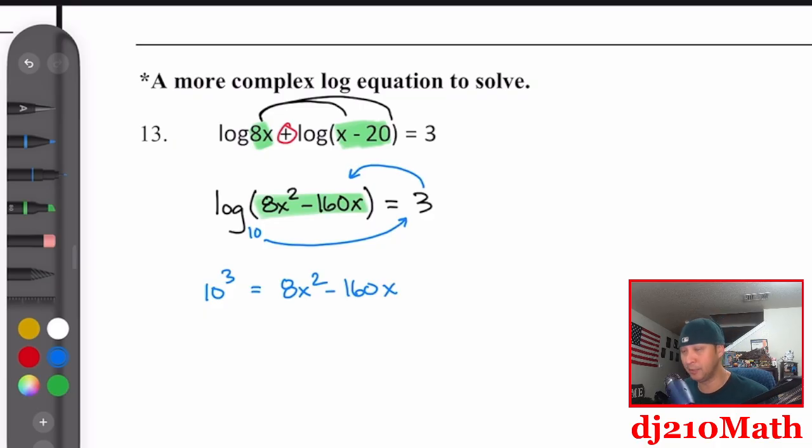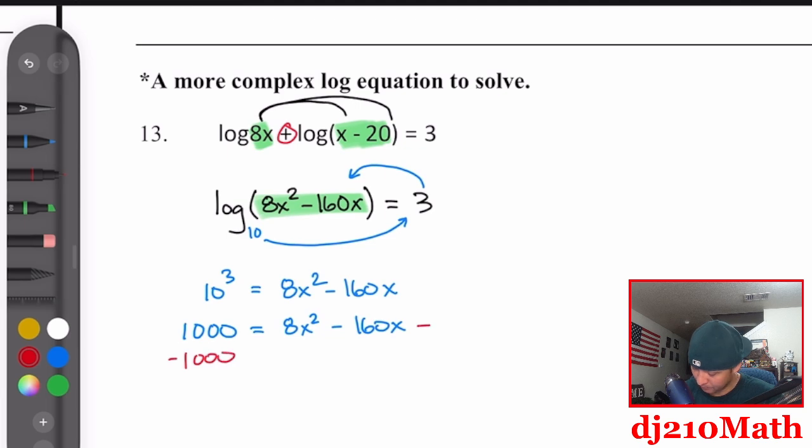All right, 10 cubed is 1,000. 1 with 3 zeros is equal to 8x squared minus 160x. Okay, minus 1,000, minus 1,000. This is 0 on the left, big fat 0. Okay, this is kind of unfortunate.